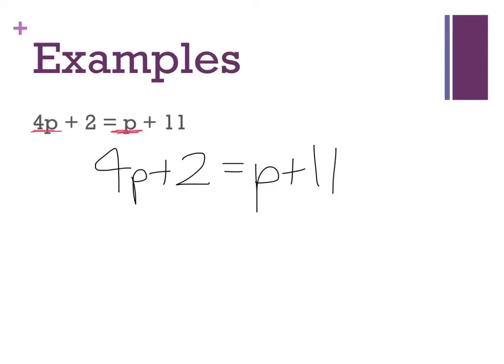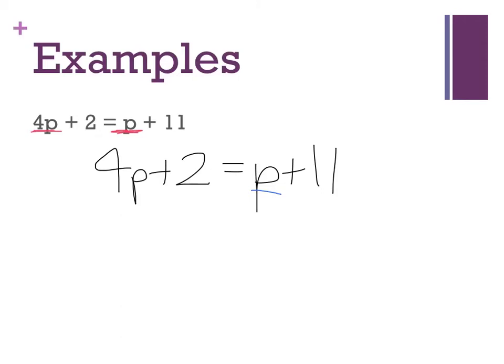The very first thing I need to do, like the slide before just told me, was to get my pronumeral on the one side. Now, I'm going to put them on the left-hand side. So it says 4P plus 2 equals P plus 11. This P here, if I want to remove this P from this side, I must do the opposite. This P here is a positive number.